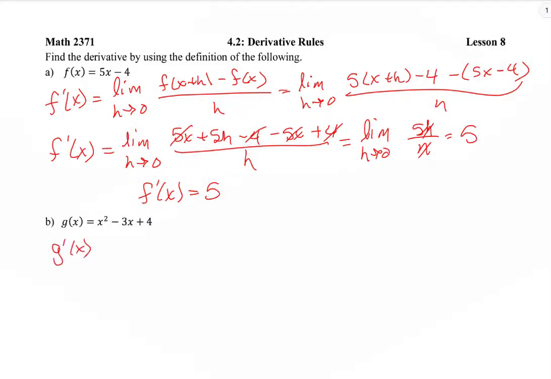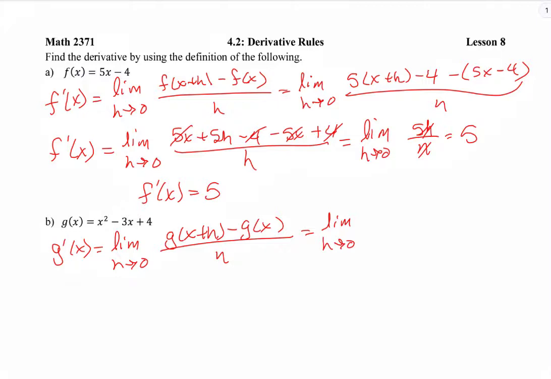If we have g prime of x, that equals the limit as h goes to 0 of g of x plus h minus g of x all over h, which is the limit as h goes to 0 of x plus h squared minus 3 times x plus h plus 4, minus parentheses x squared plus 3x plus 4, all over h.